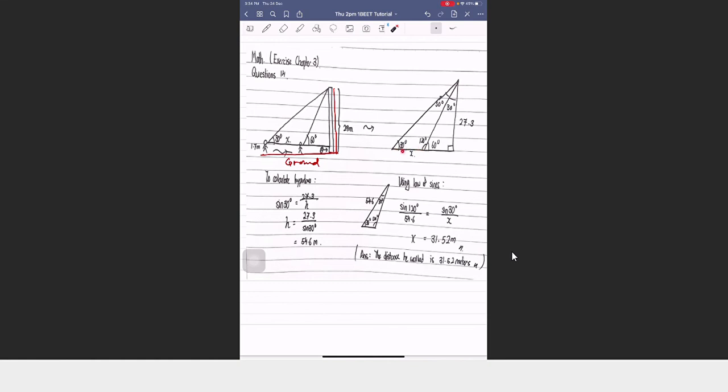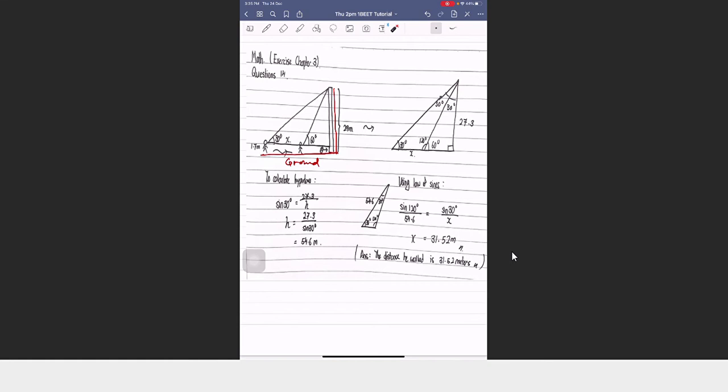So if only you can find the distance from here to here, and then the distance from here to here, then you can find the distance here. In fact, this is perhaps a simple way of doing it.